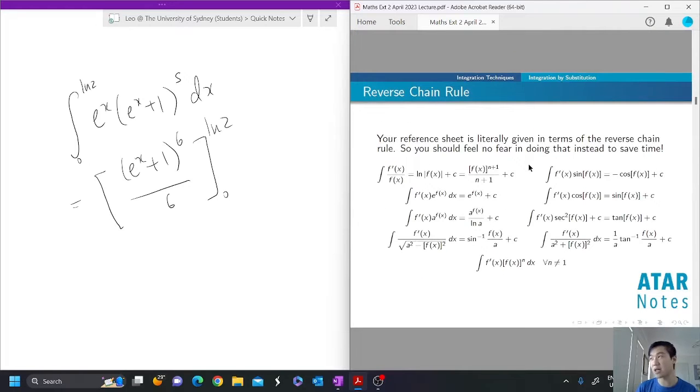So it doesn't matter if it's a trigonometric function, an exponential function, a logarithmic function, whatever, reverse chain rule applies. So make sure that if you have a function inside another function, the derivative of that function is on the outside before you directly integrate.